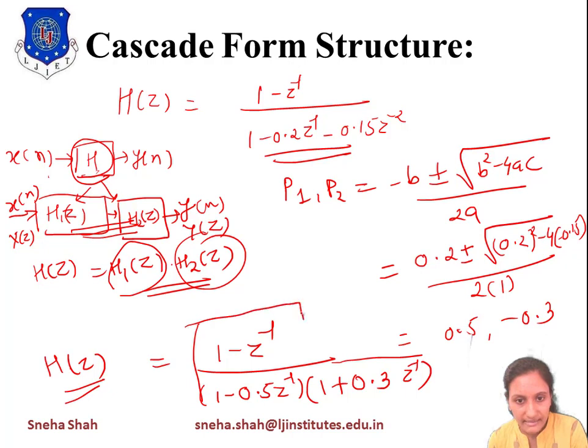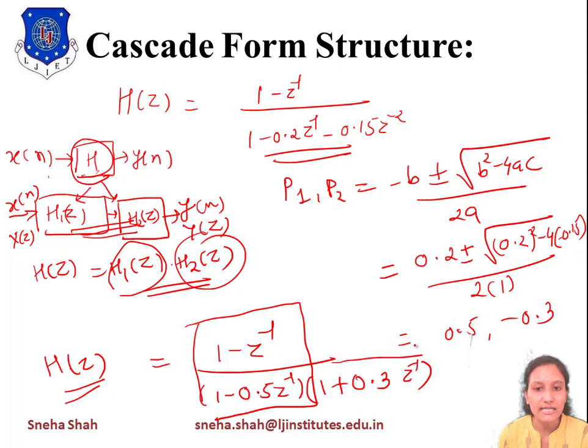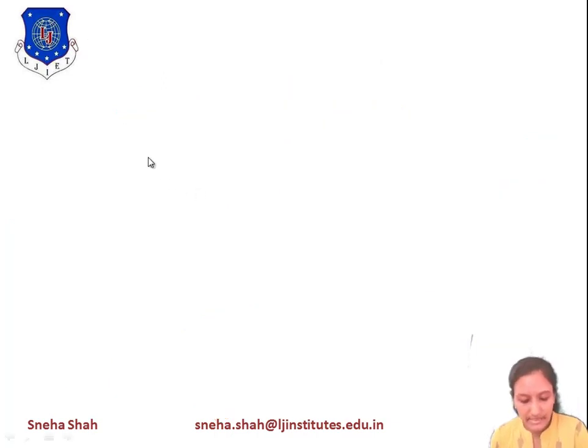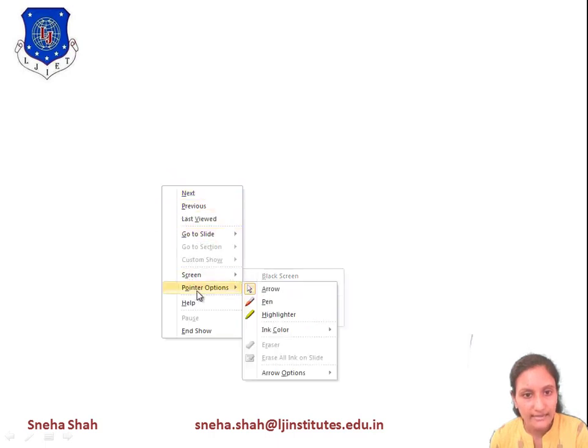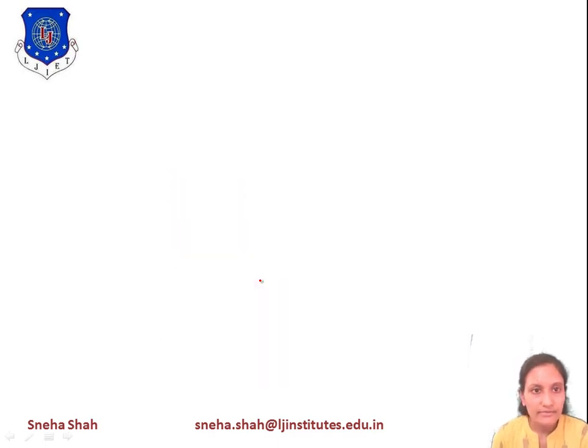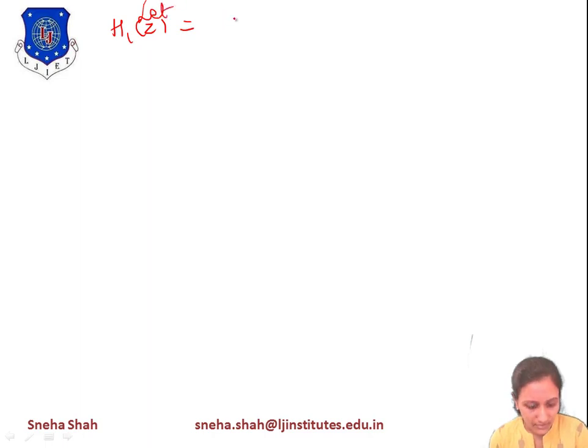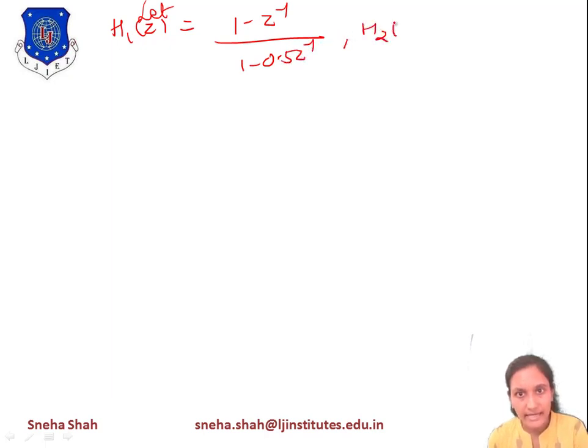Taking the first term as H1 of z, the second becomes H2 of z. So H1 of z equals 1 minus z inverse upon 1 minus 0.5 z inverse, and H2 of z equals 1 upon 1 plus 0.3 z inverse.